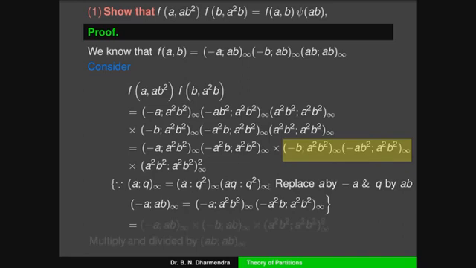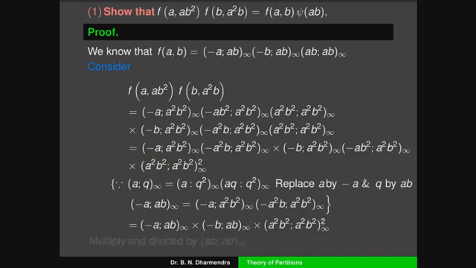So the first term is minus b and the base is ab, so this result can be written as minus b ab infinity. Therefore the first product is minus ab infinity, and the second term is minus b ab infinity into a square b square infinity whole square.